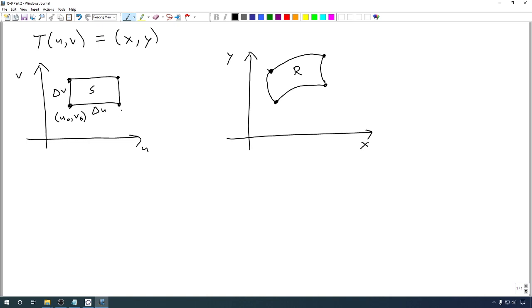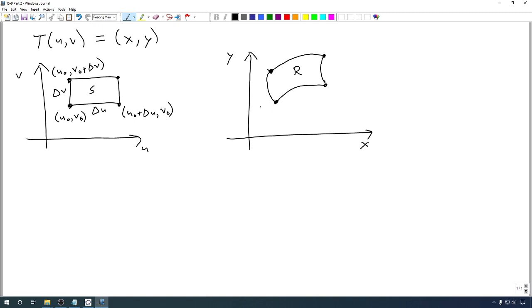So you can actually say this point here is u naught plus delta u, comma v naught. This point here is u naught, comma v naught plus delta v. So let's even go ahead and put those in here. We'll be using those points as we go.